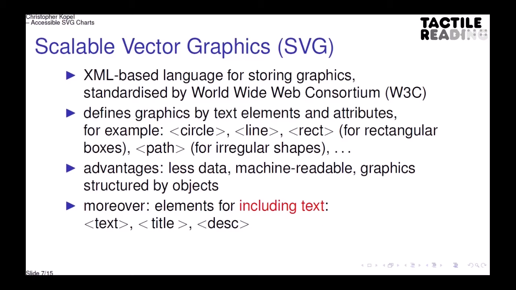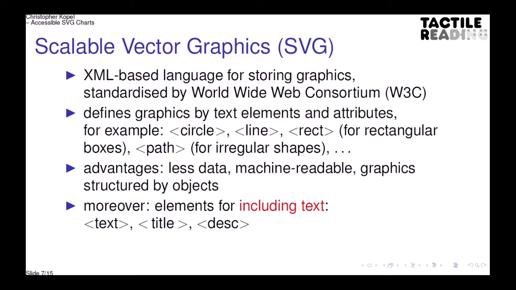It has several advantages: a lower data amount, and it is machine readable. The graphics are structured as logical objects which are machine readable, and there are also elements for embedding plain text within the graphic. One element is called text. This is to include text which is visible on the screen within the graphic.